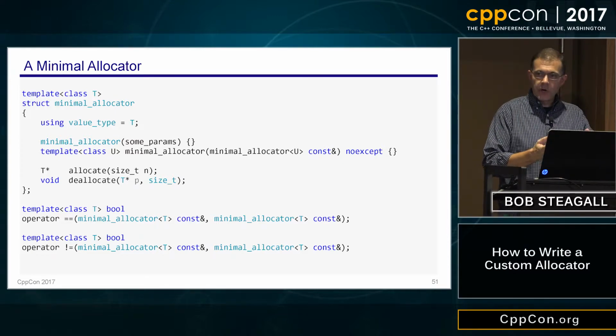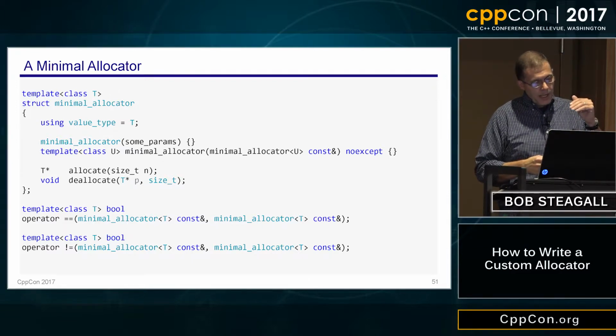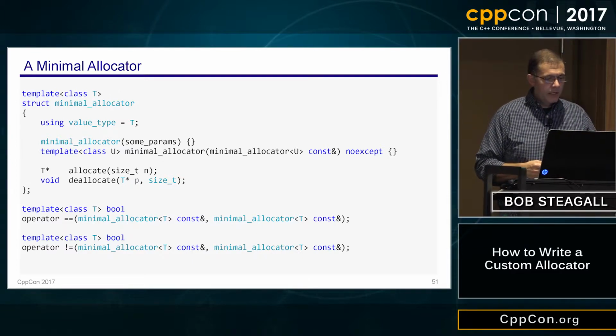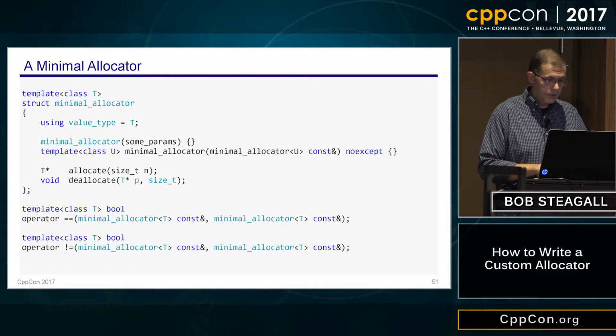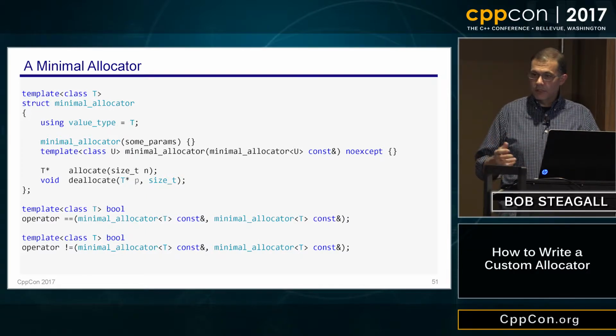So when this thing is parameterized or specialized by allocator traits and presented to the container, the container is going to think that this does not propagate on copy assignment, it does not propagate on move assignment, it does not propagate on swap. And because it's empty, the allocator traits is going to believe that all instances of this thing compare equal.